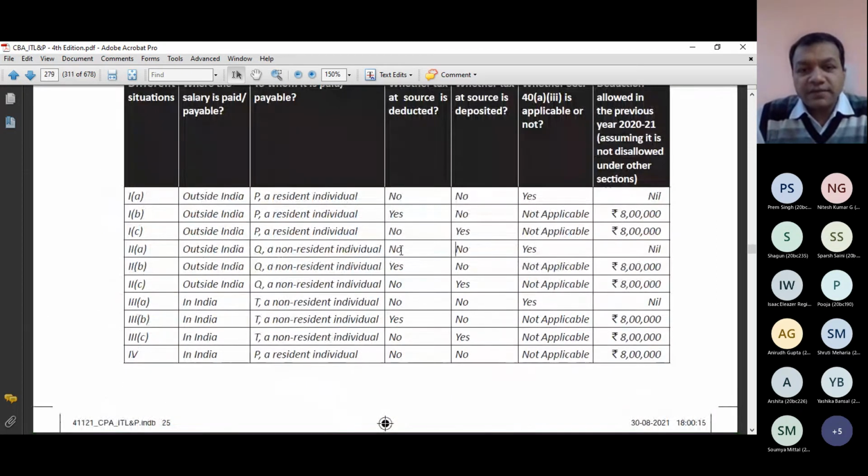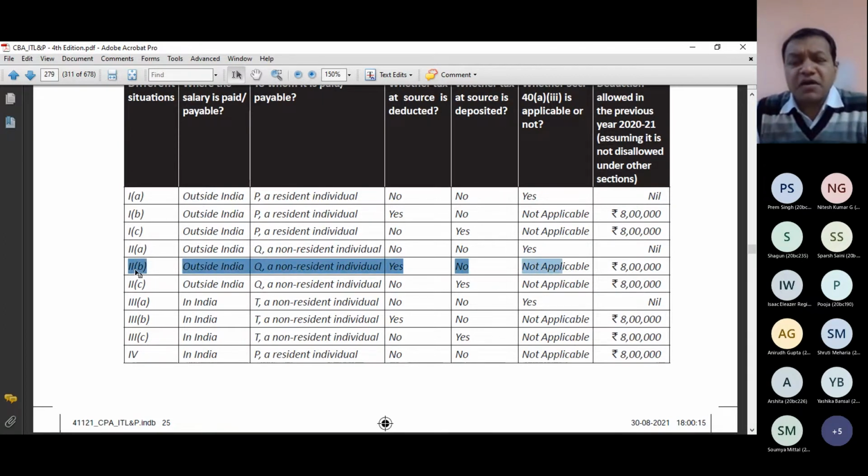So neither deducted nor deposited. That means this section is applicable. If applicable, I cannot deduct any amount. Next situation, outside India, again non-resident, individual, doesn't matter. Deducted, yes. Deposited, no. But still, this section is not applicable. I can deduct 100% of the amount.